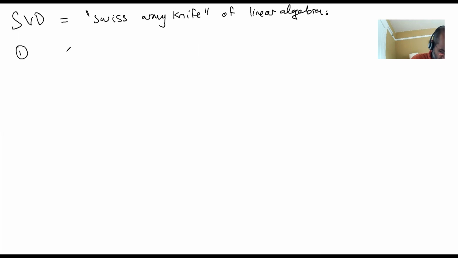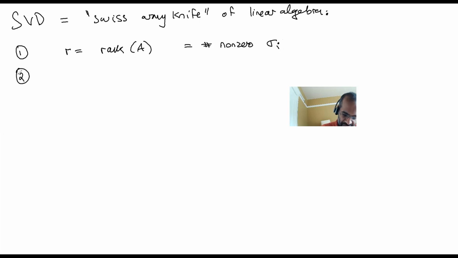Well, first of all, you have the rank. So r is equal to the rank of A. This is the number of non-zero singular values. Let's say you have the full SVD, or maybe you have the reduced SVD. Let's just write the reduced SVD for now.